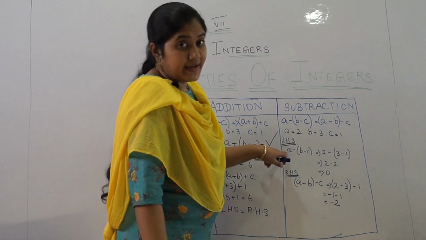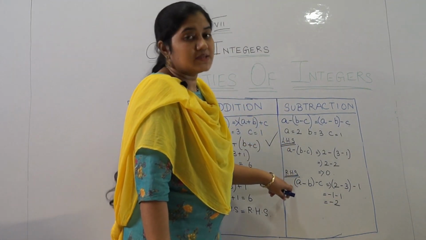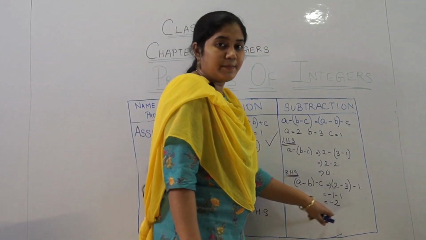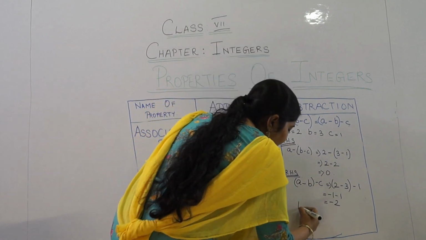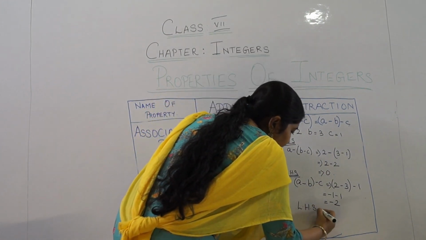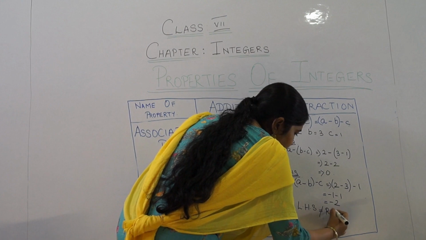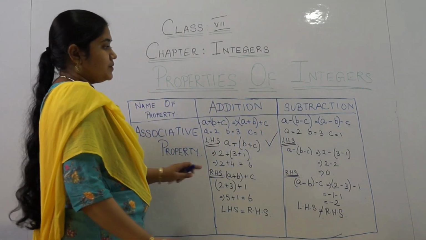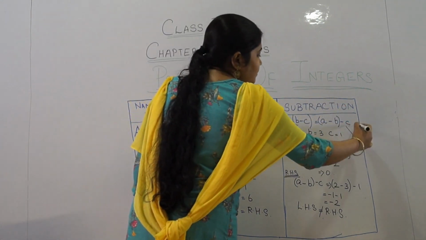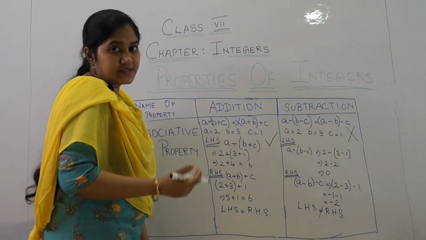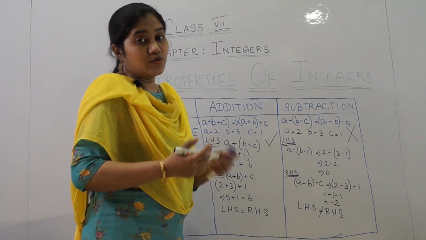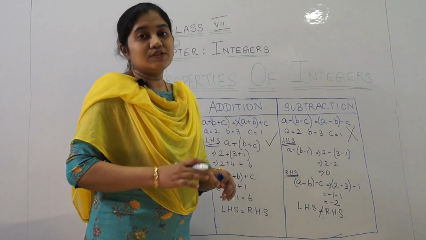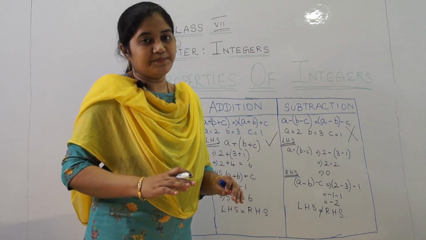So do my LHS and my RHS match? No, my LHS is 0 and my RHS is minus 2. Therefore my LHS is not equal to RHS. So the associative property does not hold good in subtraction. That is, however the grouping changes, when they are subtracted, their values are not the same all the time.